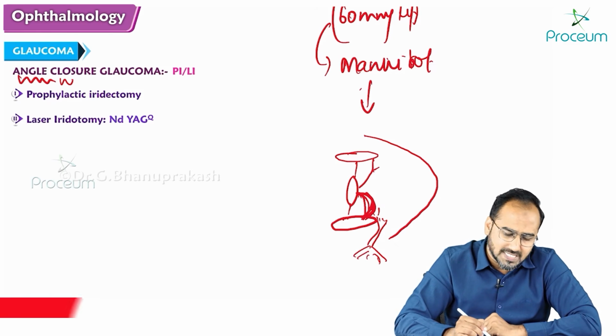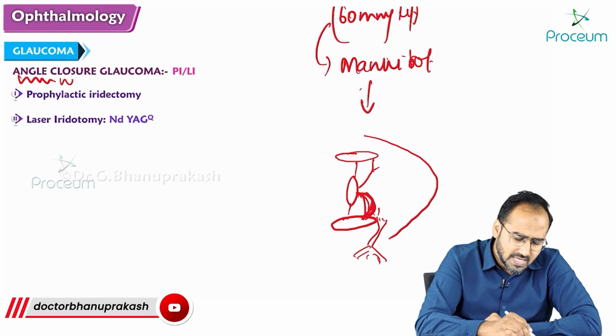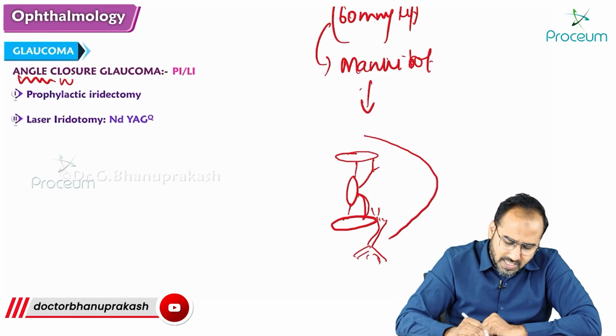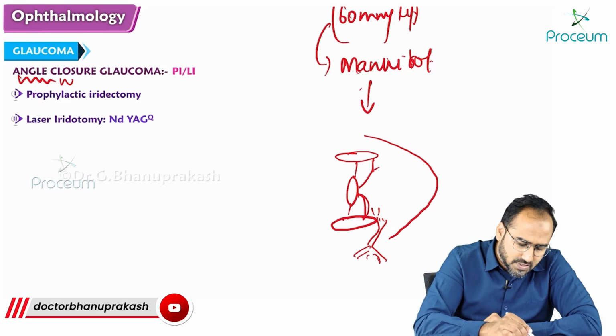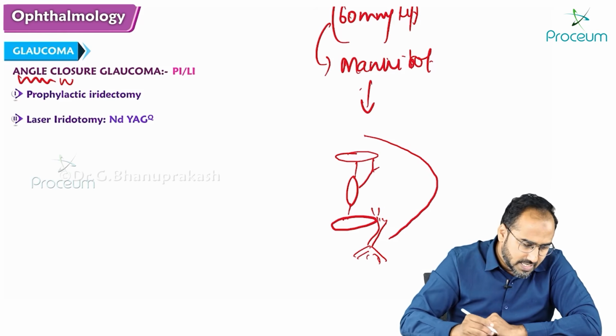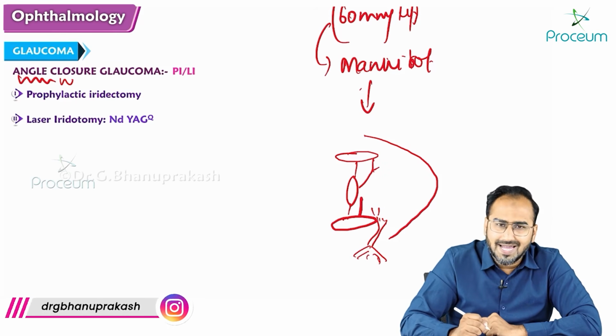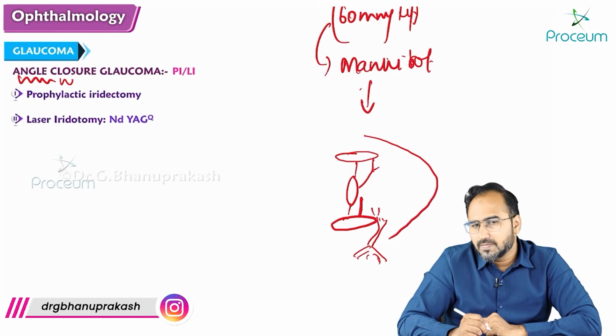To remove the iris from the lens, I will go for the help of laser. With the help of laser, I remove the iris from the lens, which is called iridotomy. That is called laser iridotomy.